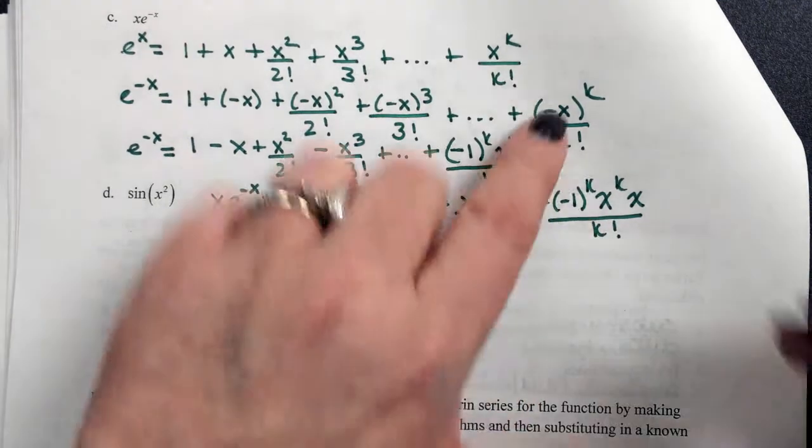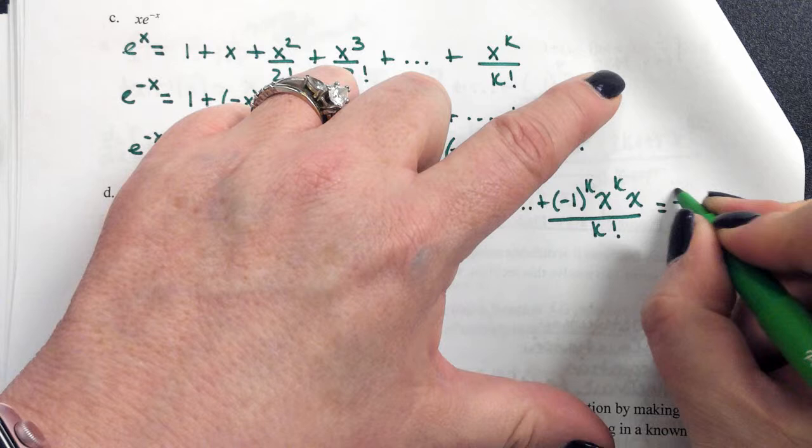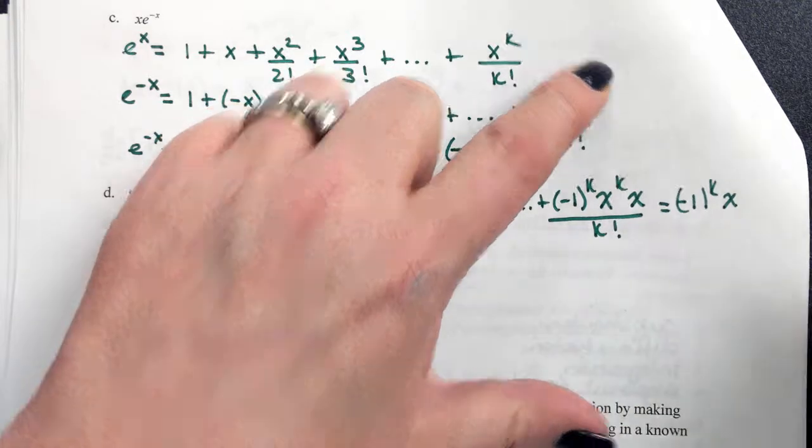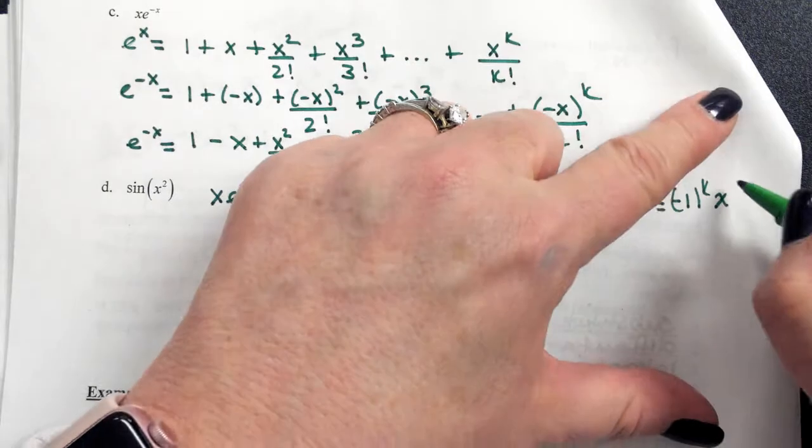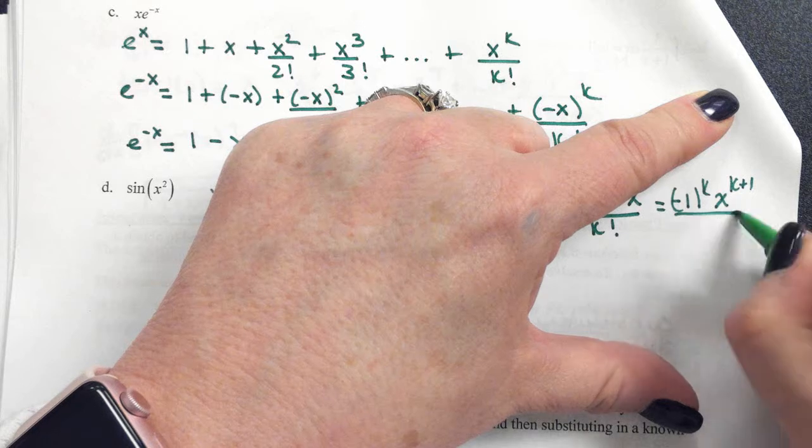What's another way to write this general form? Well, I can write this as negative 1 to the k, and how can I rewrite x to the k times x to the first? That would be x to the k plus 1 divided by k factorial.